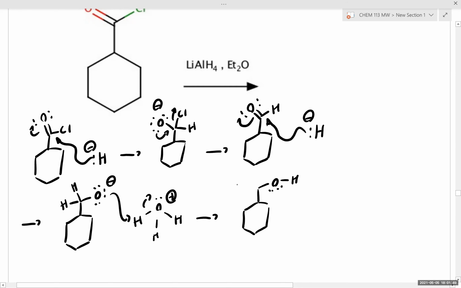So the student proposed mechanism for this reaction was completely reasonable. Any questions on this reaction? Any questions I can address before we move on?